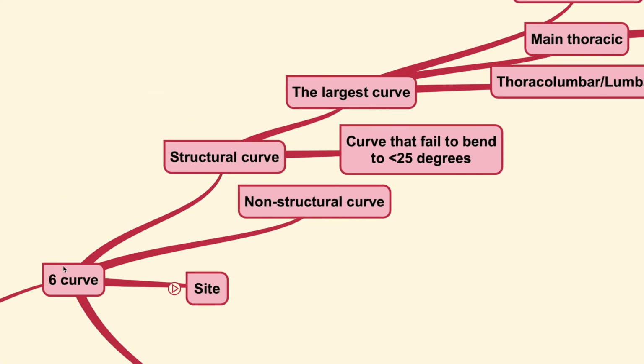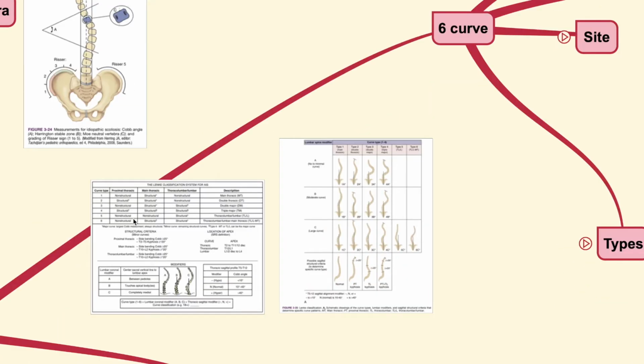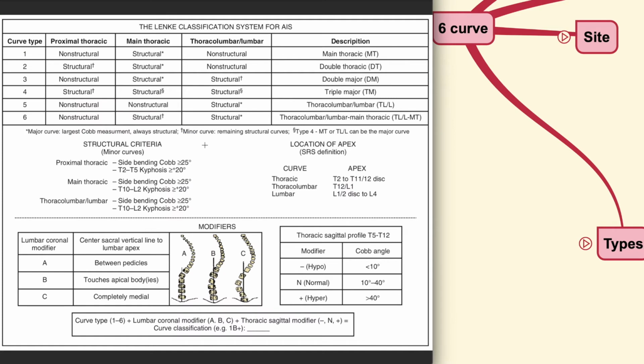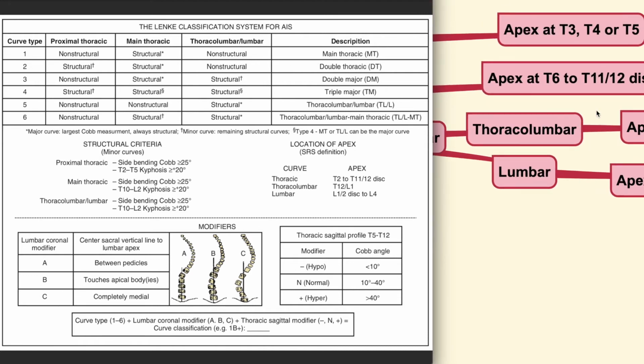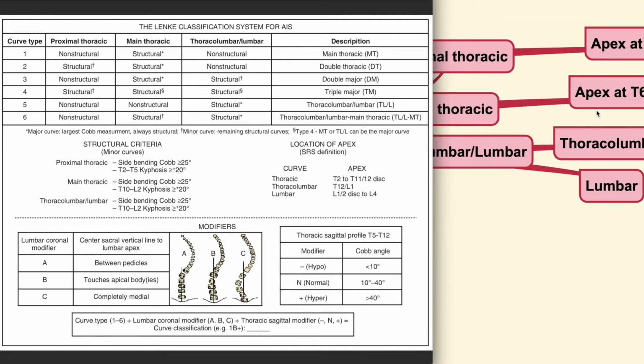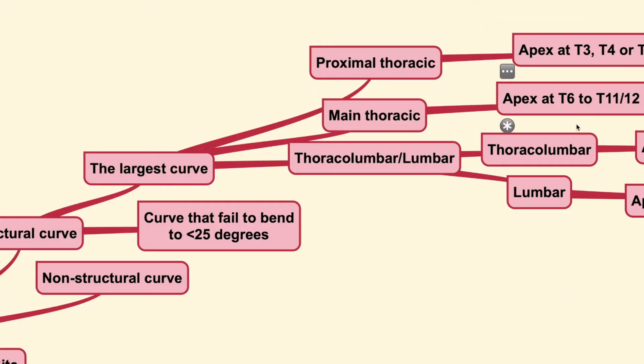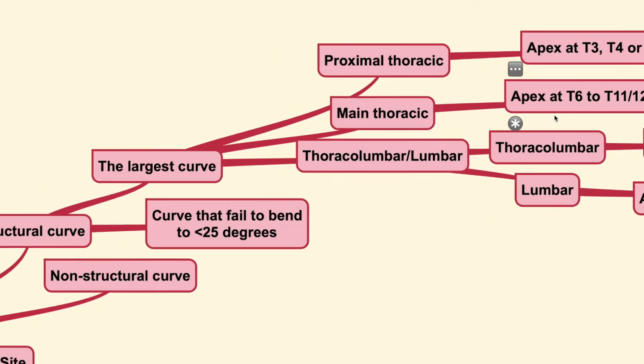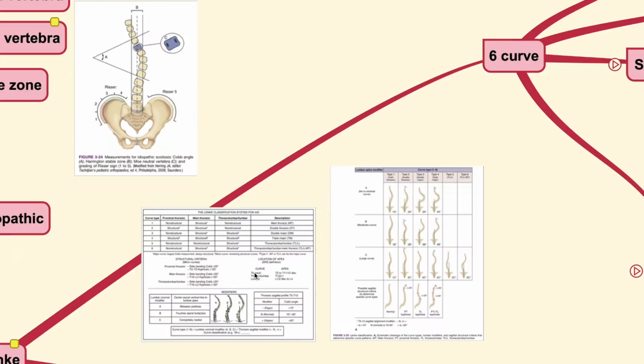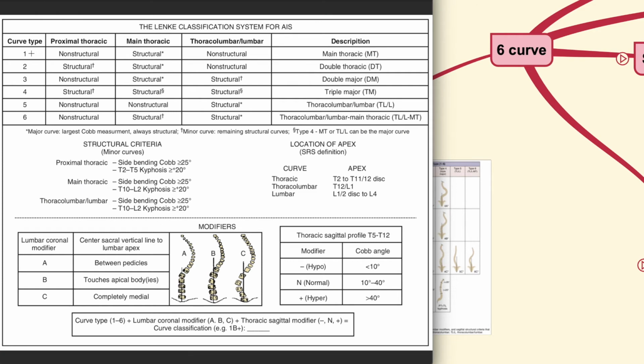So once again, when you look at this table and you have measured all those curves in your patient, and you find the largest number is at the main thoracic region with the apex around T6 to the T11 or 12 disc, then you would say that this is a curve type 1.